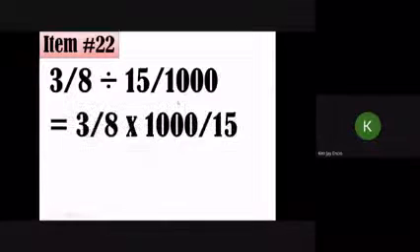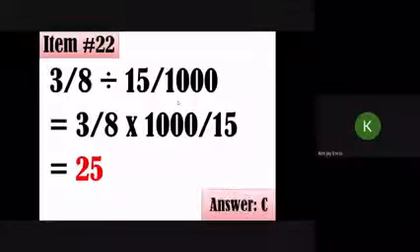It becomes 3/8 times 1,000 over 15. You may use your calculators or simplify this on your own. I'm sure this is 25. We are math majors, and I do believe that we have a background on this. Or if you are unsure, you may use your calculators. Letter C is the answer here.